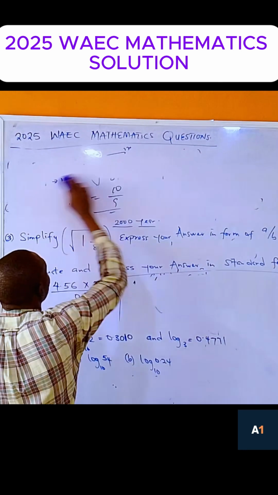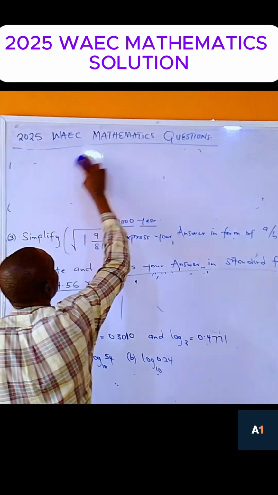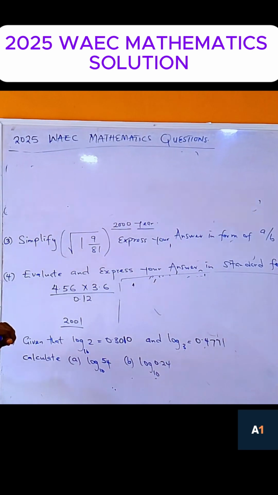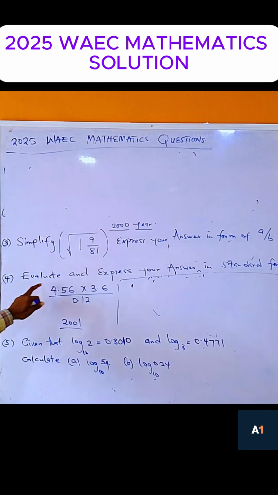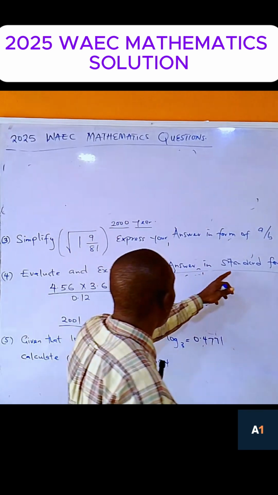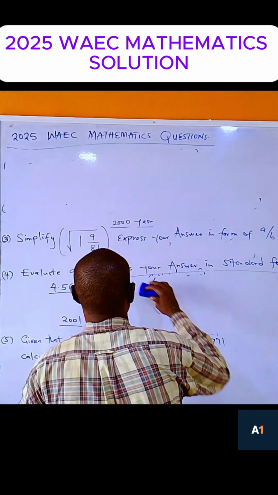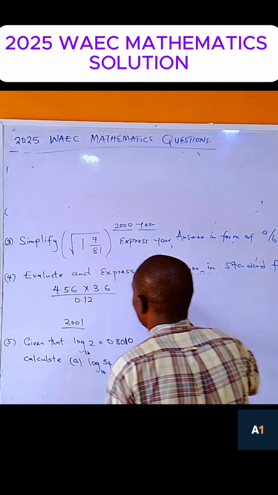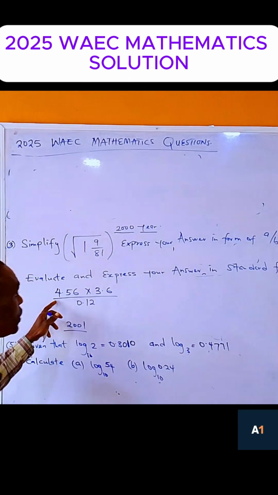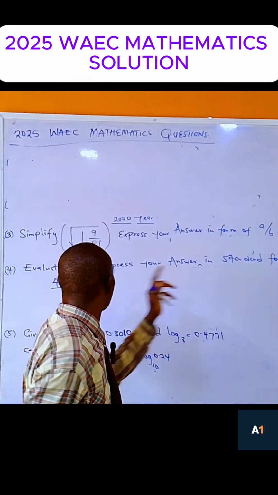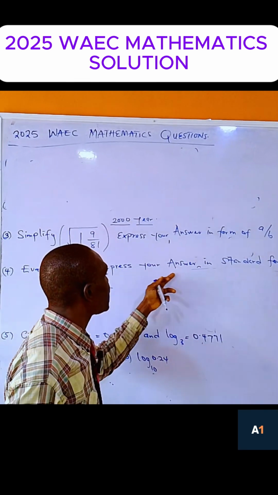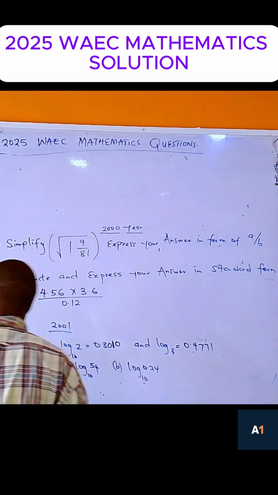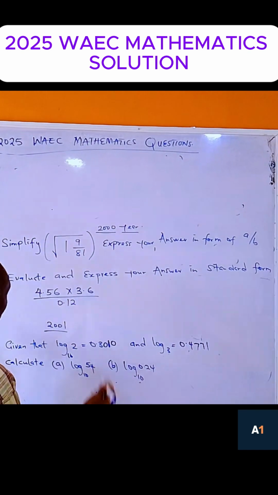Let's move to the next one of 2000. Evaluate and express your answer in standard form. Sorry, I want to jump into this. So now, how do we solve this one? You need to apply some concept here.